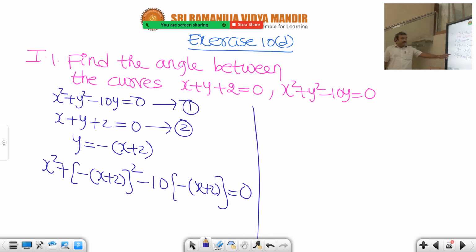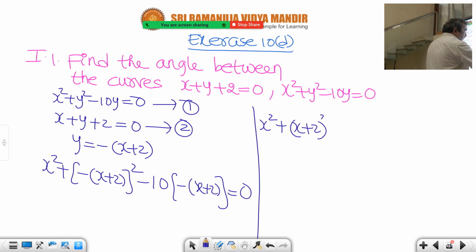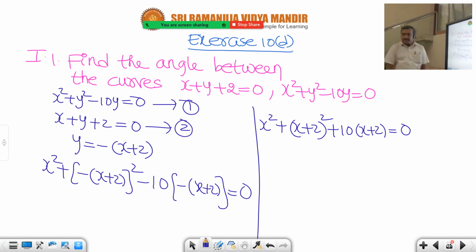And after that, x square plus minus square is plus, and it is x plus 2 whole square, correct? And minus into minus plus, plus 10 into x plus 2 is equal to 0, right?